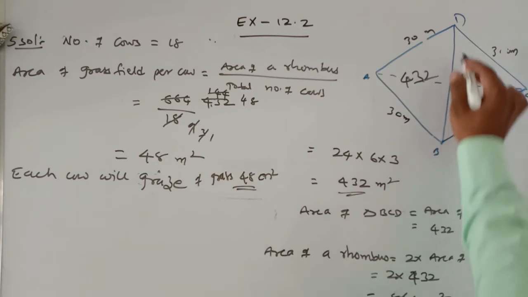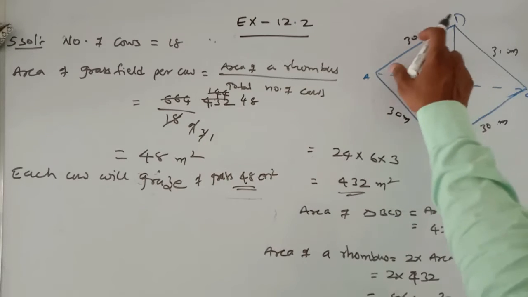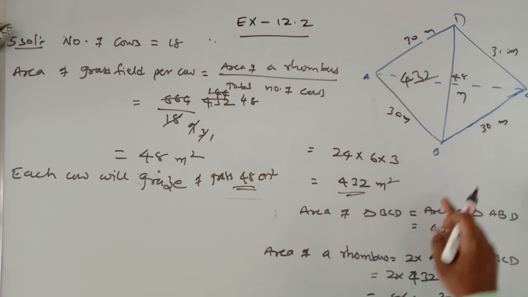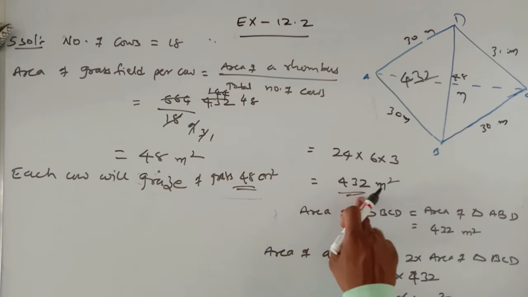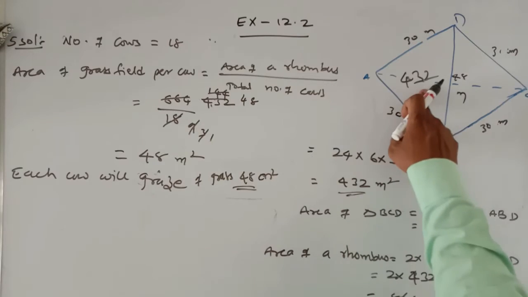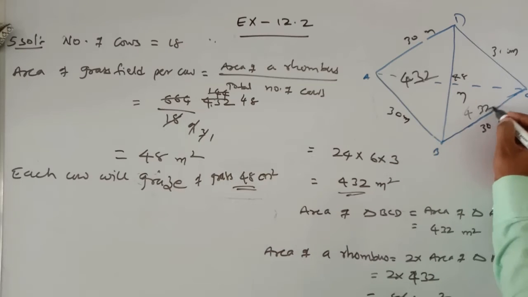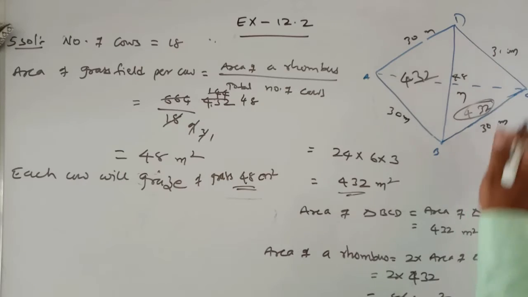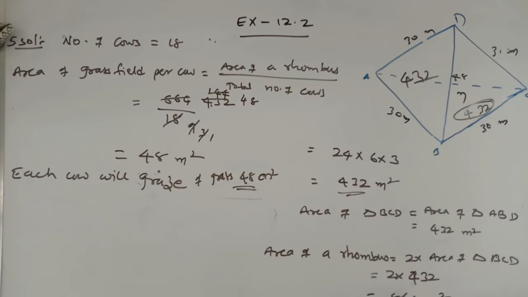Here ABD is one triangle and BCD is the other. I calculate the area of triangle ABD by using Heron's formula and get 432 square meters. Automatically the area of BCD is also 432. Adding these two areas, I get the area of the rhombus, 864 square meters.